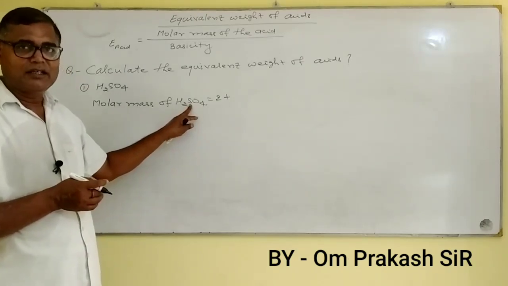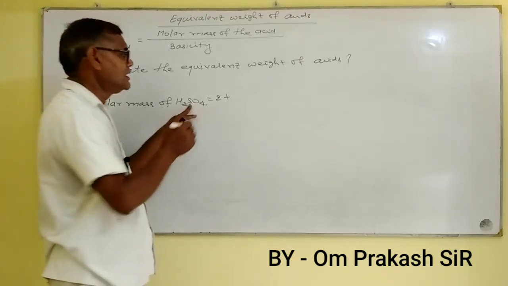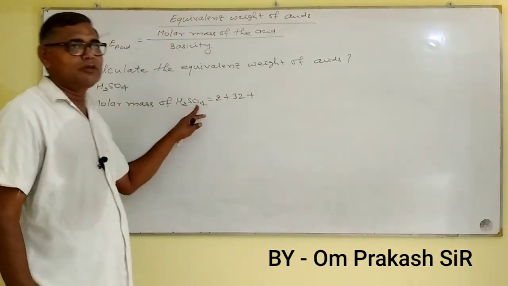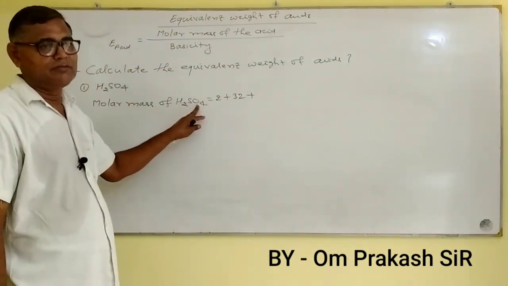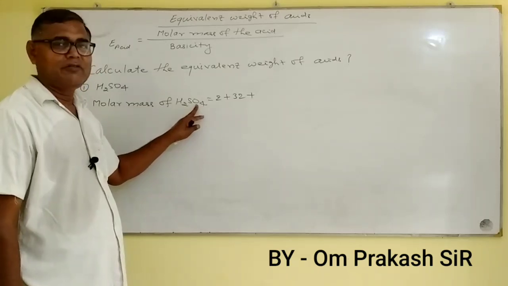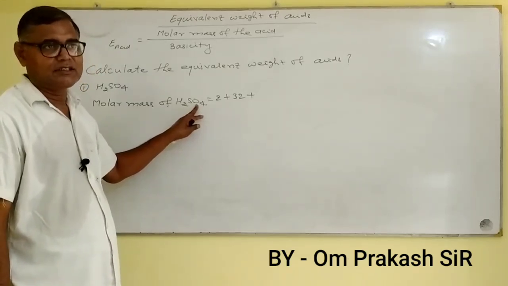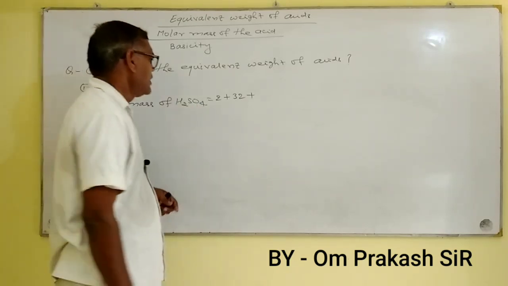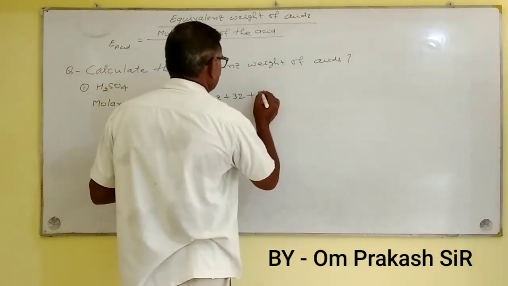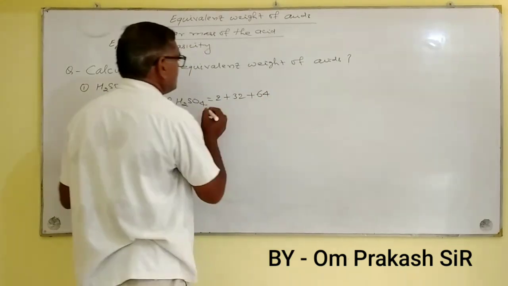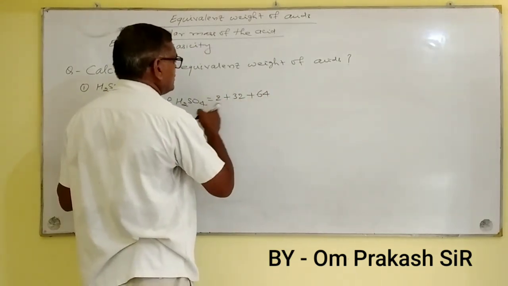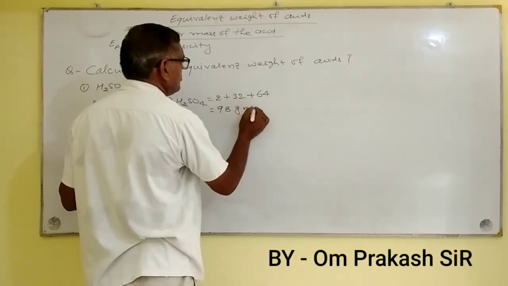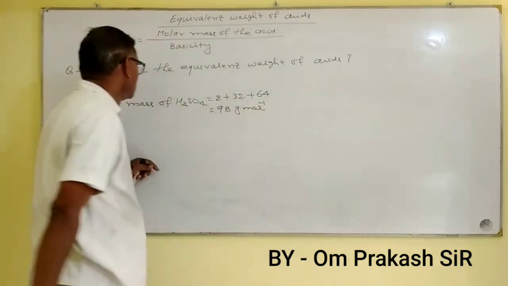We multiply 32 and 1, we get 32. In H2SO4, 4 oxygen atom. Atomic weight of oxygen is 16. We multiply 16 and 4, we get 64. Add the value, we get 98 gram mole inverse.